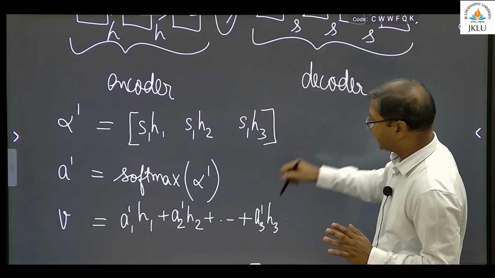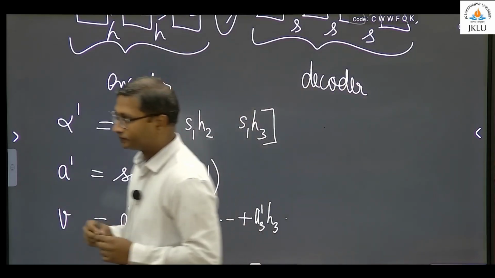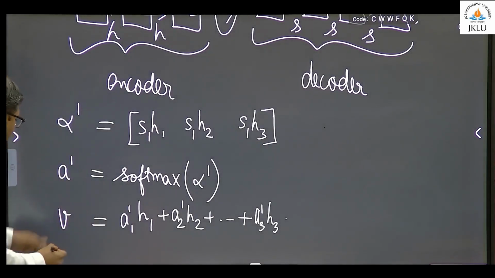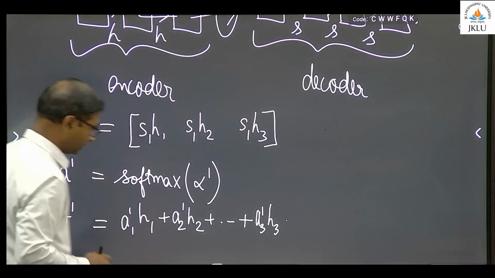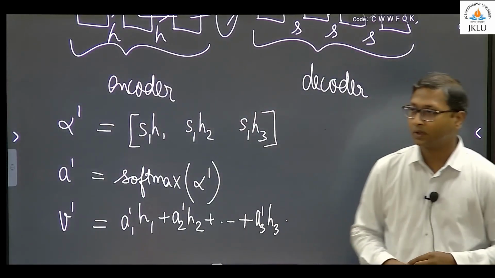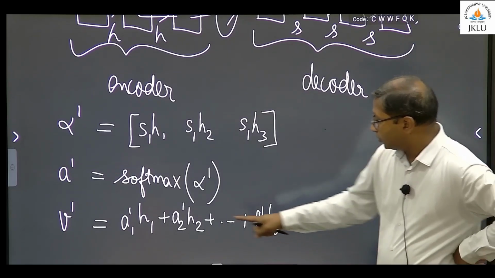Now what is V? What is value? Actually this will be a value at 1. What will that be? Look at this equation.